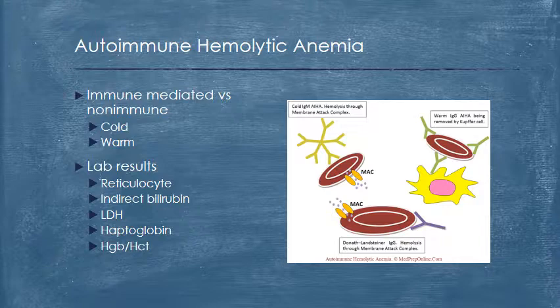So remember, young cells are slightly larger than mature cells, especially cells that are just losing their nucleus or have just lost their nucleus. They'll be slightly larger, so you might have slight macrocytosis. And it's not uncommon to see spherocytosis in these cases also, because the cells take on the look of spherocytes because of damage occurring from the antibodies being produced.